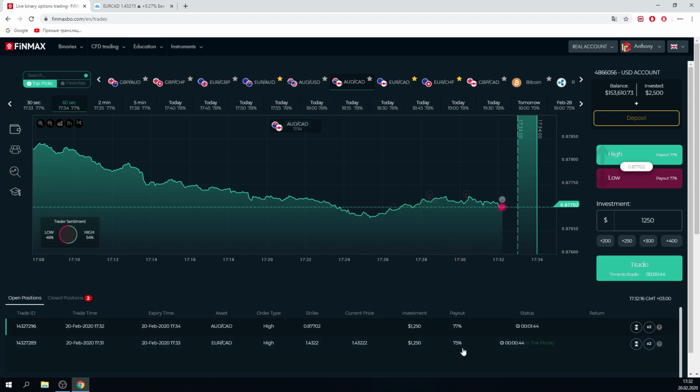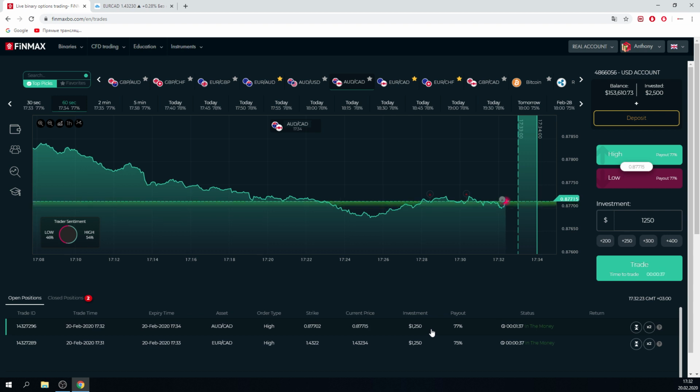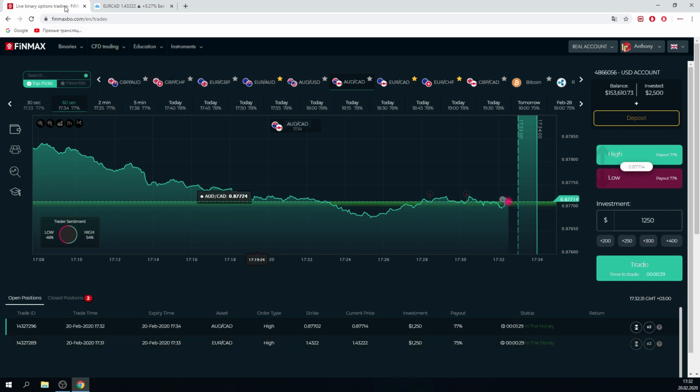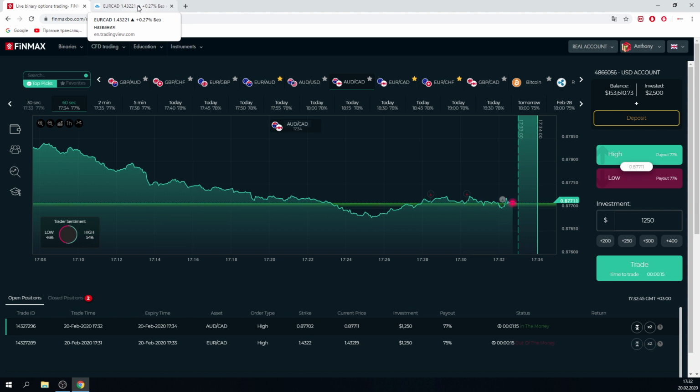Okay, so we are using right now the 5 sessions, and for the AUD CAD and EUR CAD, that is the third step. Okay, so that is what we are waiting right now to finish, and I will not look for any other session until I cover at least one of these sessions, which I have two running right now, and afterwards I can open the trade.